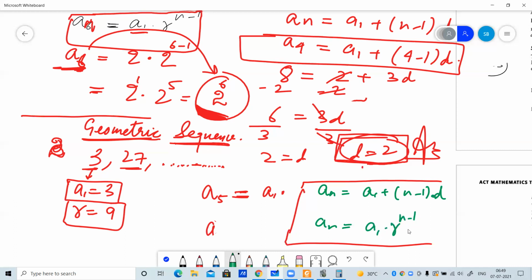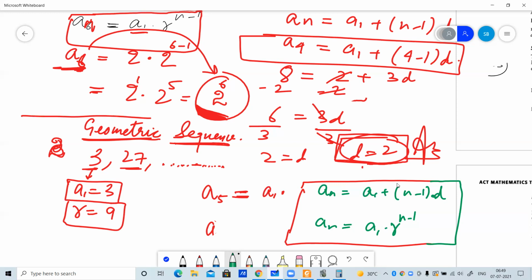Then multiplied by d. So what's d? There are not two sequences, right? One is arithmetic, another is geometric, right? So I leave that out. Okay, I can redo it.